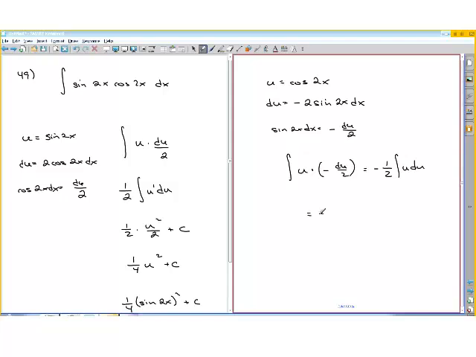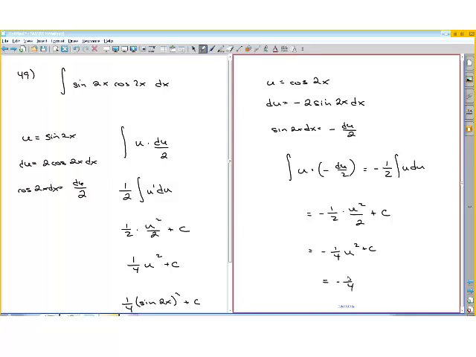Just like before, we have negative 1/2 instead of positive 1/2. We have u squared over 2 plus c. So we get negative 1/4 u squared plus c. But in this case, u is not sine of 2x, but it's cosine of 2x.